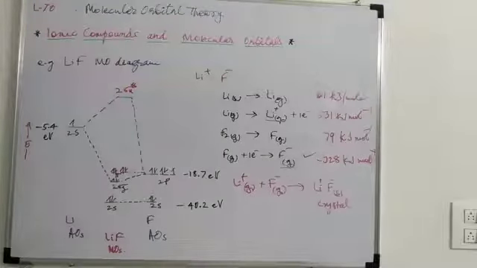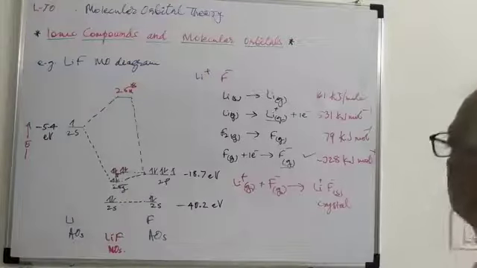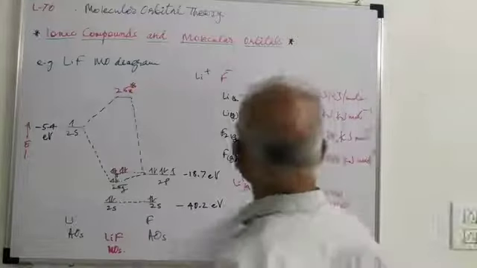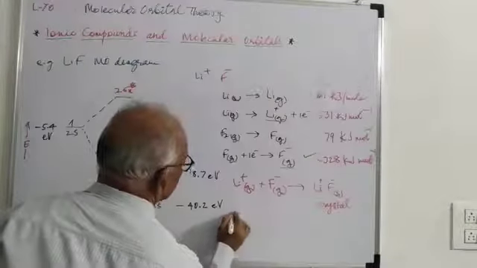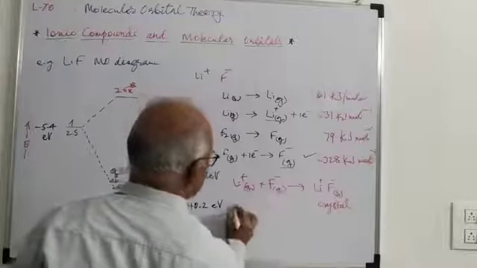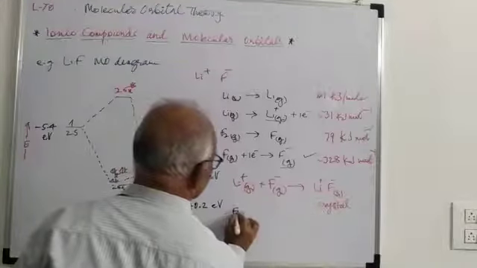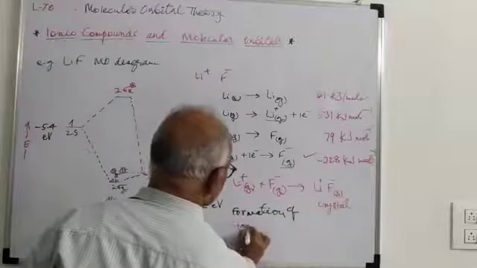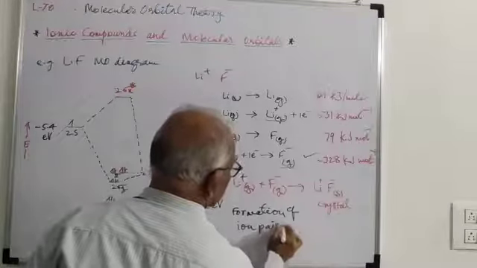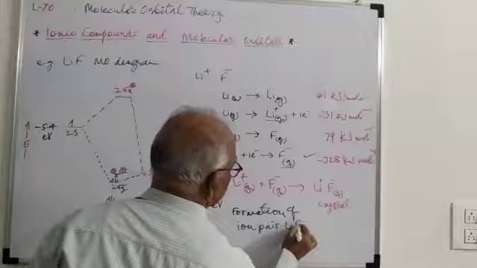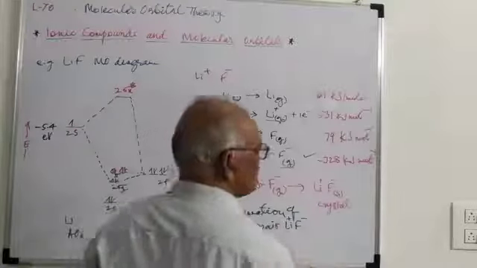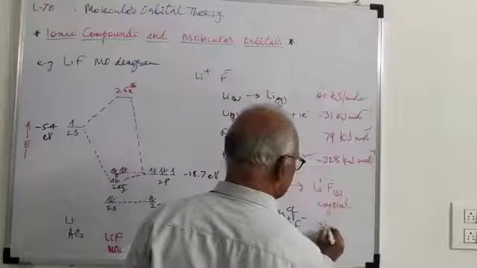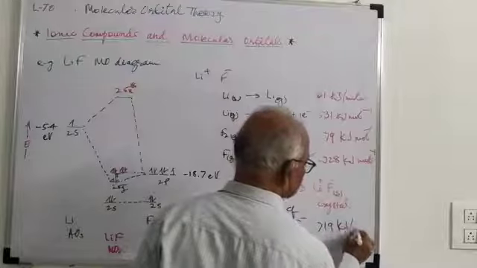So the overall reaction shows that the formation of LiF, that is formation of the ion pair Li plus and F minus, shows an energy change, that is energy lost, of 719 kilojoules per mole.